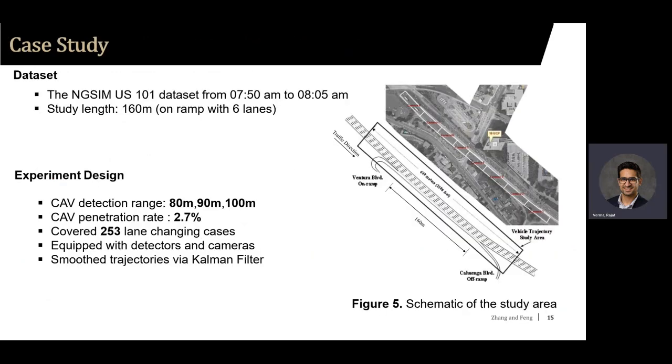After that, we did a case study. This is the area we used in our project. This is the NGSIM US101 data set, and the study length is around 160 meters, an on-ramp with 6 lanes. For the experiment design, the CV's detection range is from 80 or 90 meters to 100 meters.